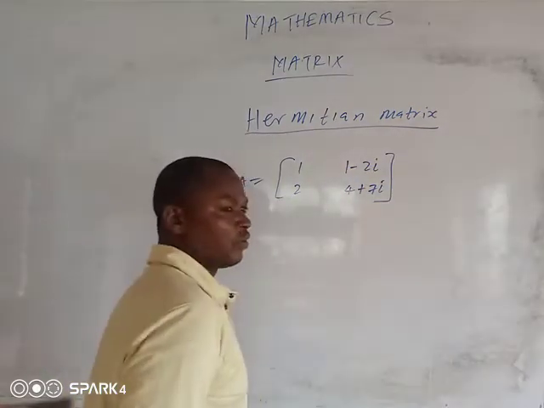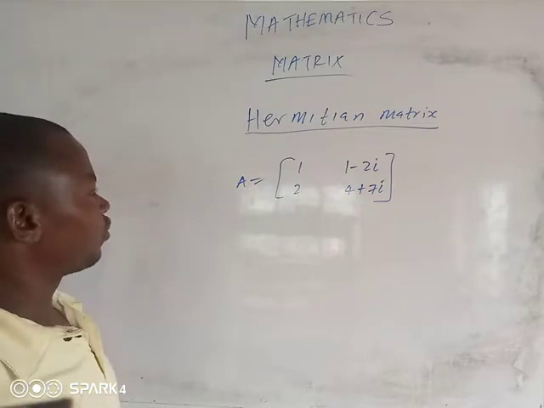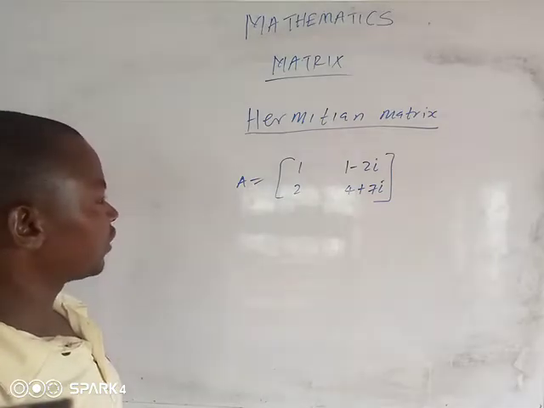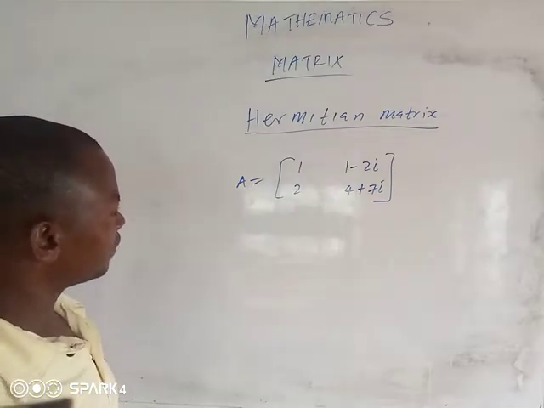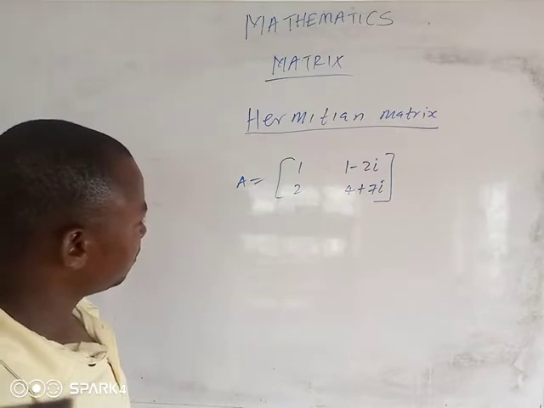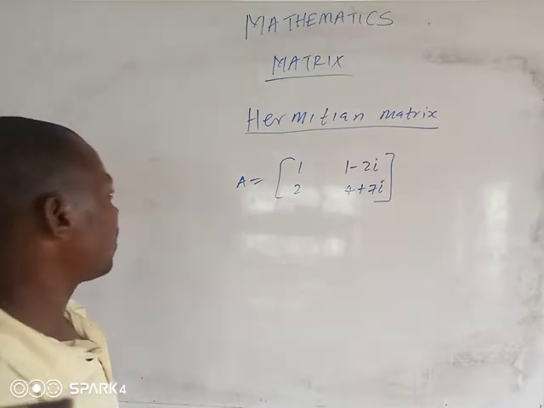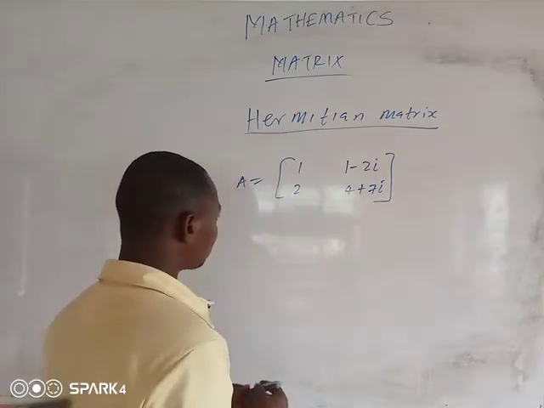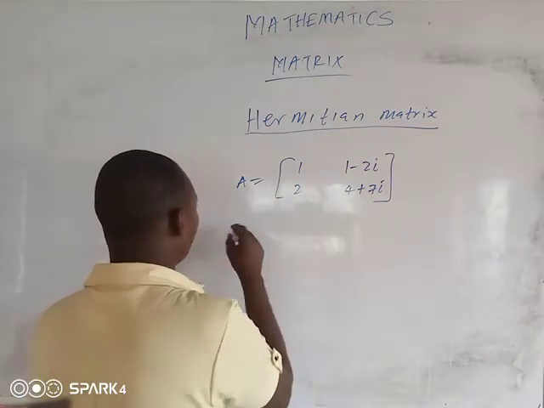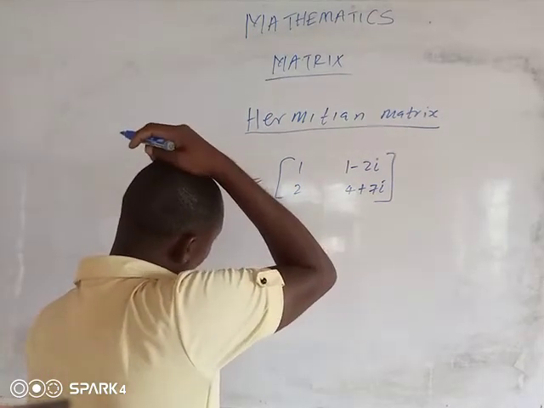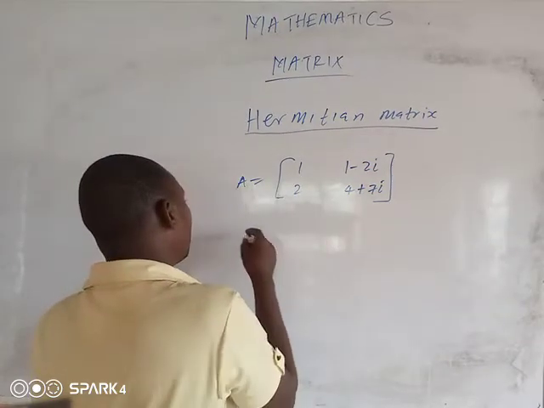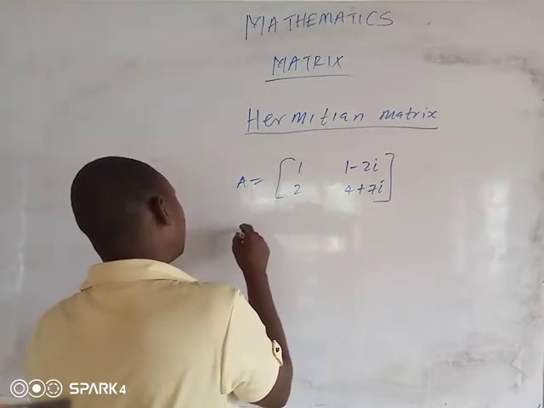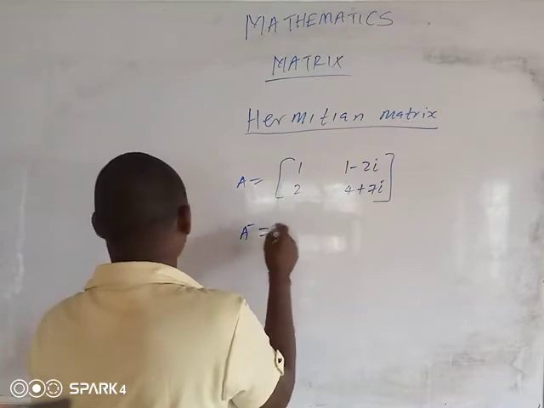If we are able to carry out the process and get what we are talking about, then we say we are having a Hermitian matrix. If not, we say it's not Hermitian. So I have A bar first.